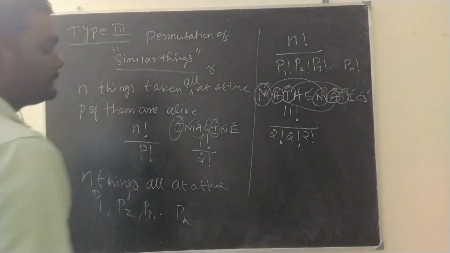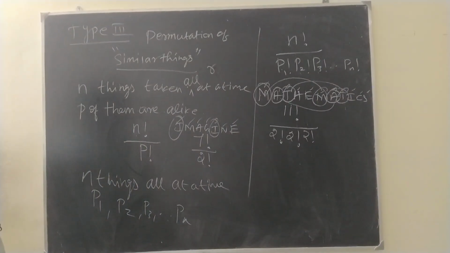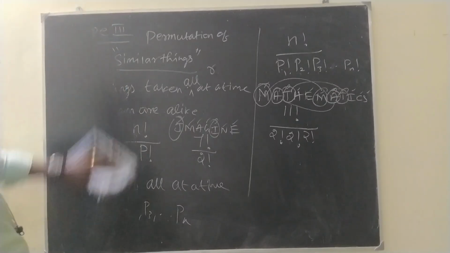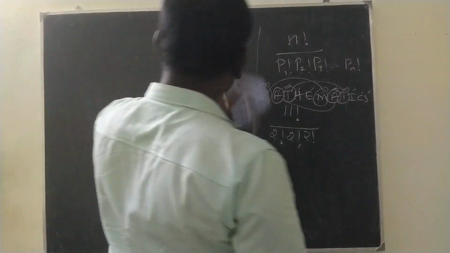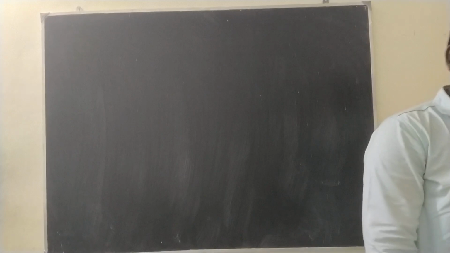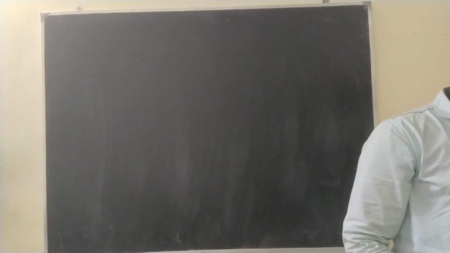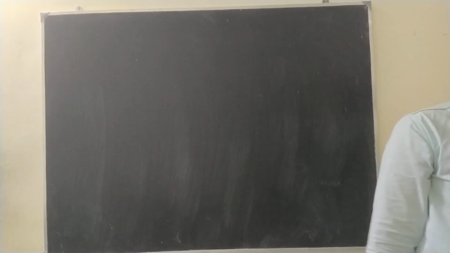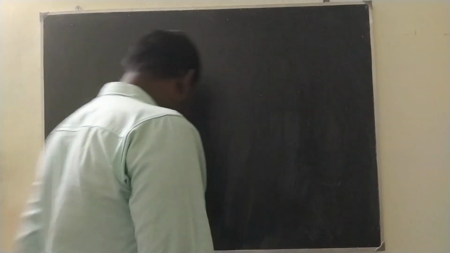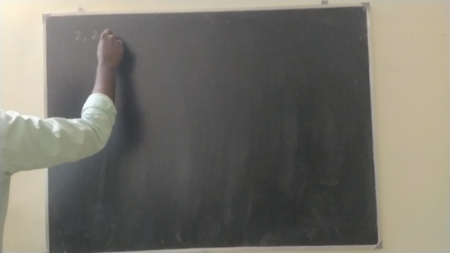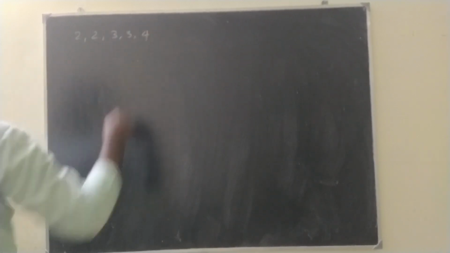Shall I erase this? Question number 1. There are only 3 questions. Find the number of 5-digit numbers that can be formed using 2, 2, 3, 3, 4.